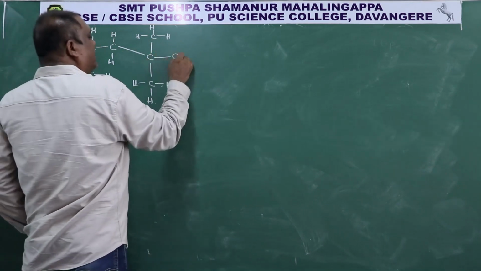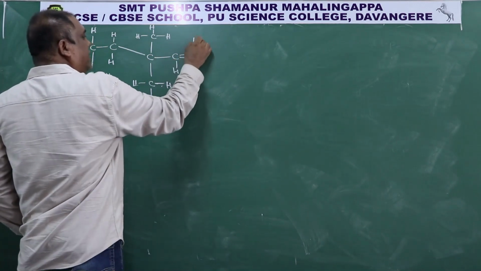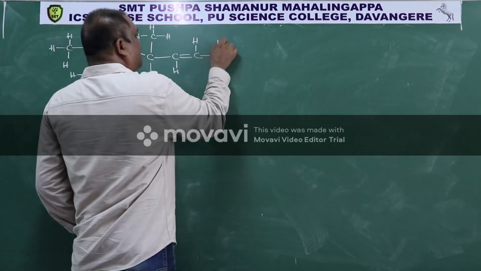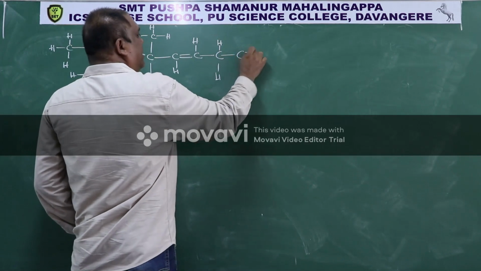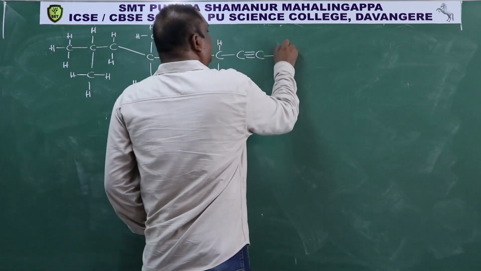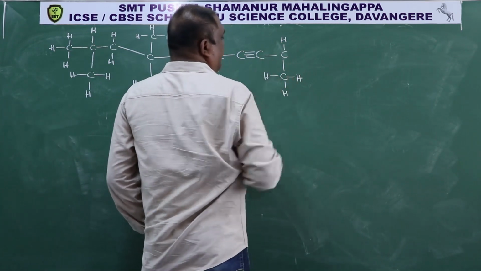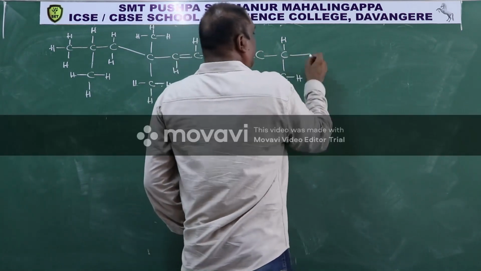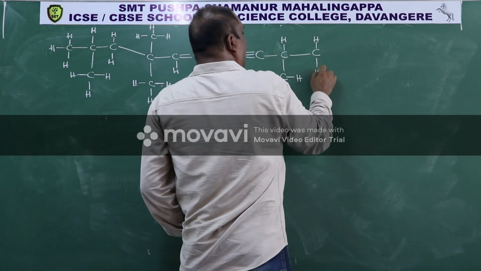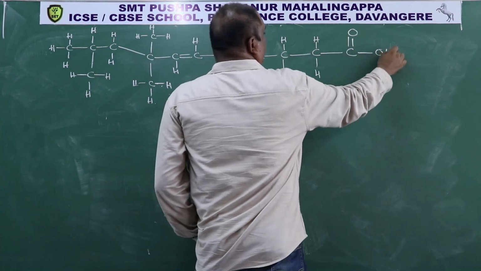Then bond with carbon, 1 bond with hydrogen, then double bond with carbon, 1 bond with hydrogen, then single bond with carbon, then 2 bonds with hydrogen, then triple bond with carbon, then single bond, then bond with carbon, 3 hydrogens, then carbon, hydrogen, hydrogen, then C double bond O, OH.